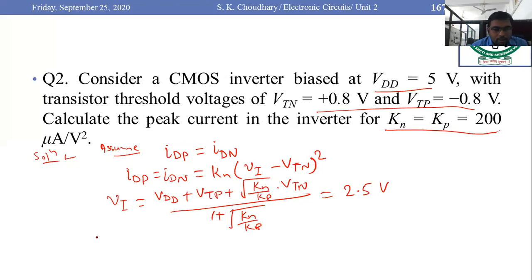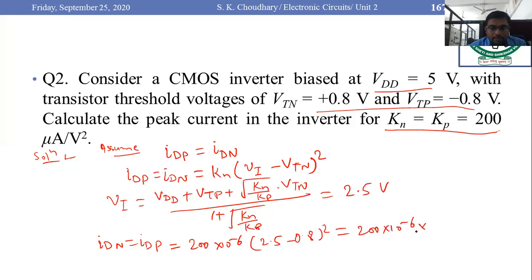Okay. So now IDN is equal to IDP is equal to what? 200 into 10 to the power minus 6, because microampere is mentioned here, into (2.5 minus 0.8) whole square. So you will get 200 into 10 to the power minus 6 into 1.7 whole square, which is 2.89.